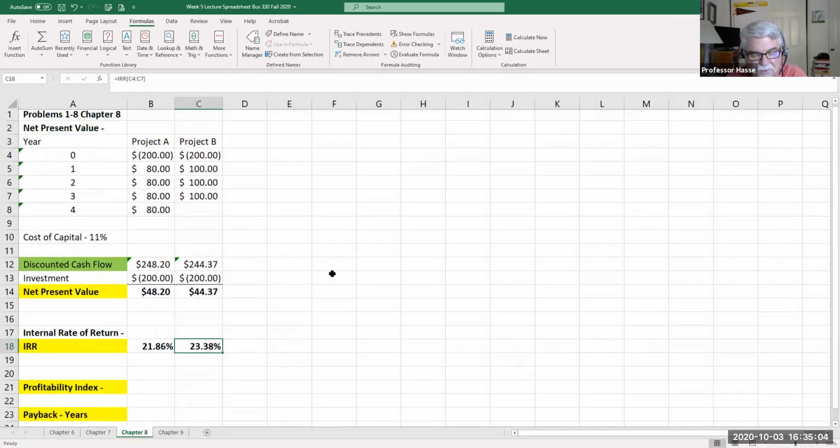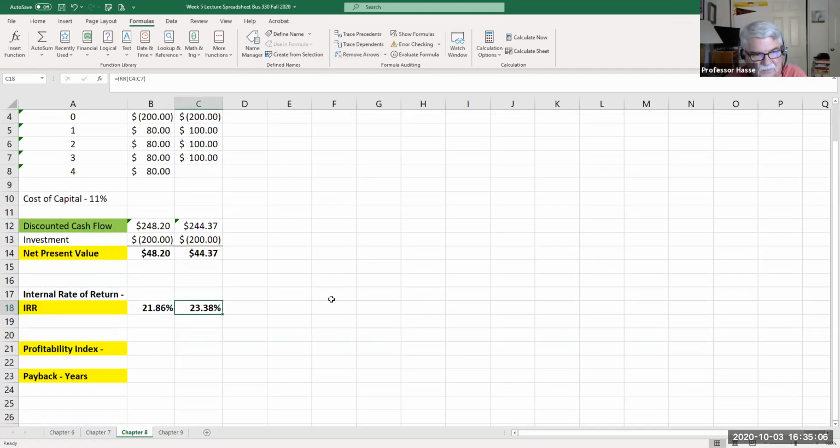Interesting. Okay, the profitability index is the relationship of the net present value to the investment. It's a ratio, remember, so I just take 4820 divided by negative the investment, because they wanted that to be positive to get a decent looking ratio, and we got 0.24.